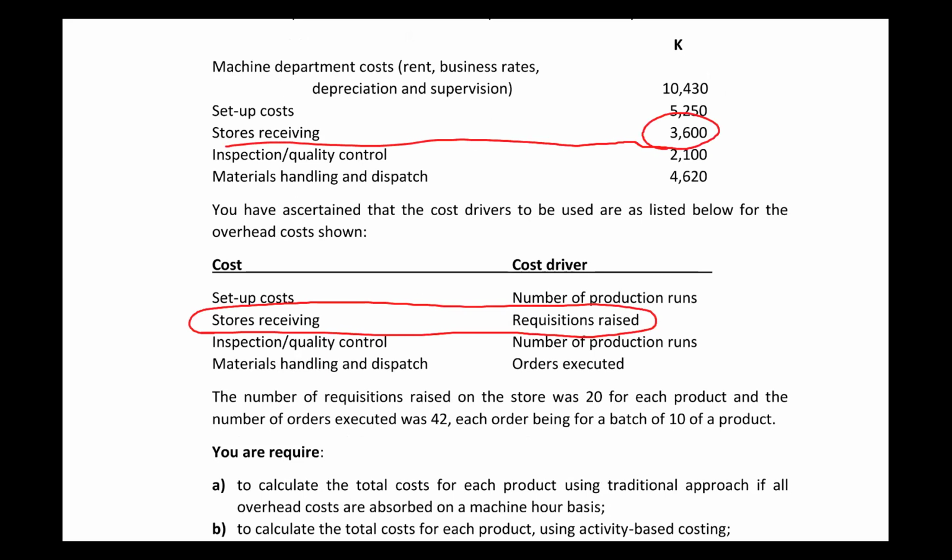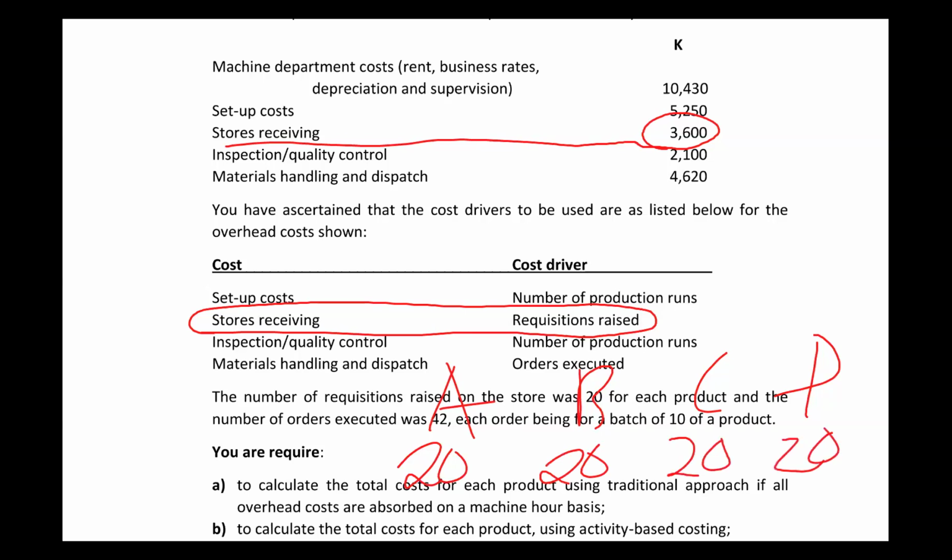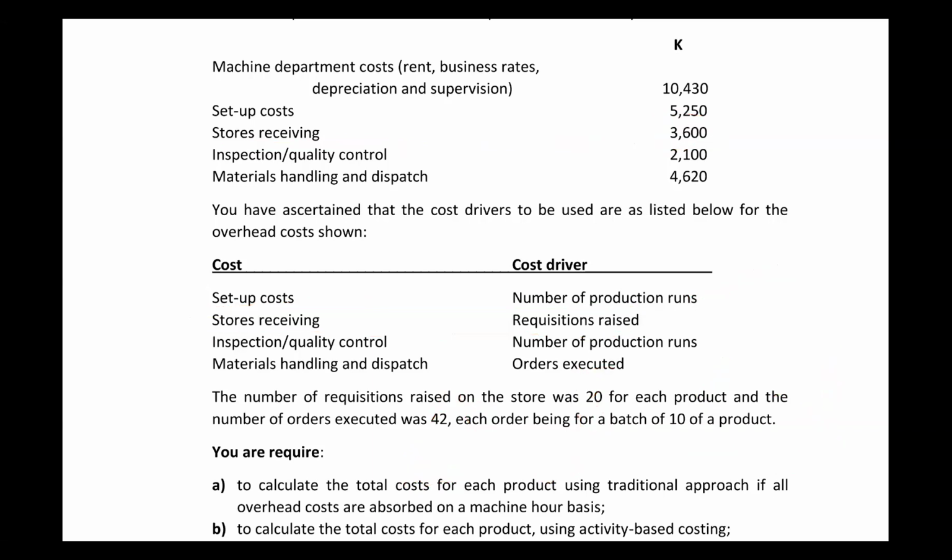Now we are told that each product A, B, C, and D has 20 requisitions. So you use this data. Don't worry, I will show how we use that data. So you should know how many requisitions there are for each product. Even for the number of production runs, you should know how many they are for each product. The number of orders executed for each product, you should know.